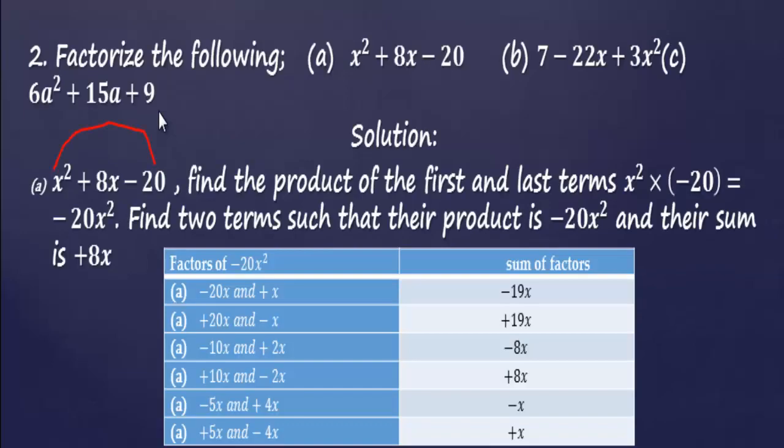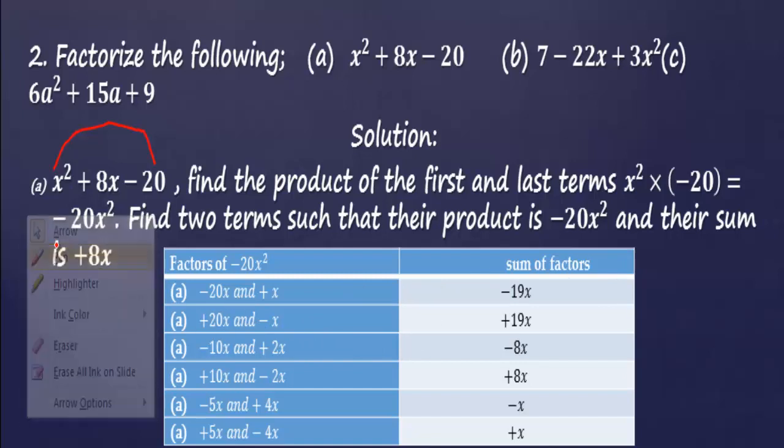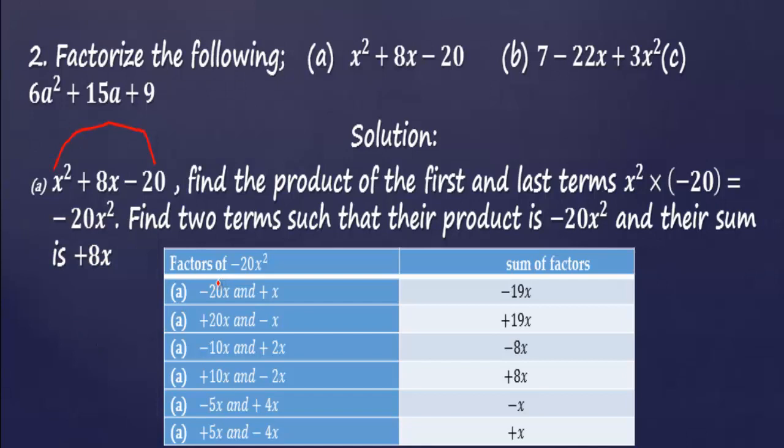Let me go back. So now this is what I'm saying. We just decide on the factors of minus 20x squared whose sum is plus 8x. Now we just pick minus 20x and x.